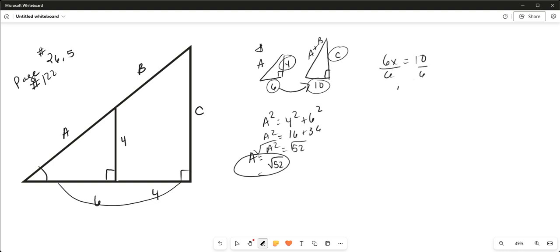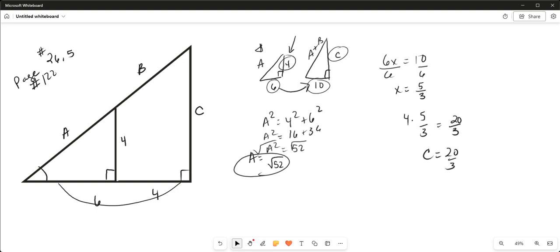That is going to give us a scale factor of 5/3. Okay. And if we multiply 5/3 times that smaller triangle side, 4 times 5/3 is going to give us 20/3. Okay. That is going to be our c.